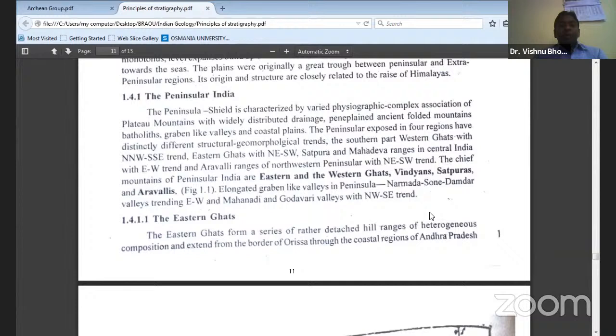The peninsula is exposed in four regions which have distinctly different structural geomorphological trends.